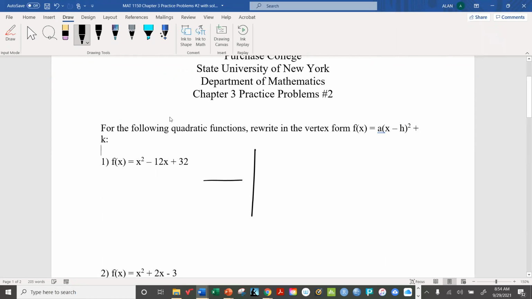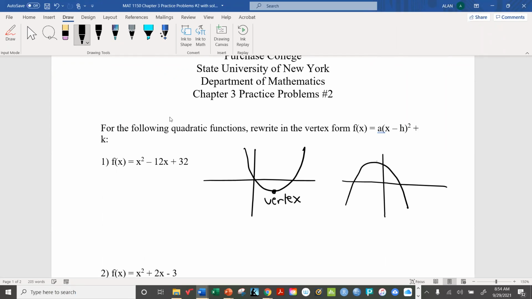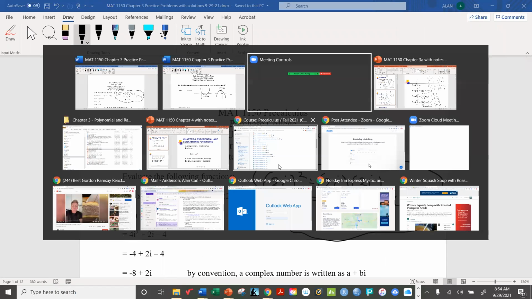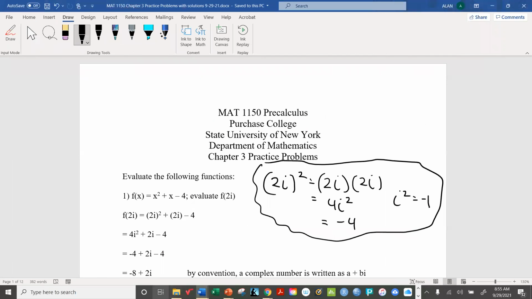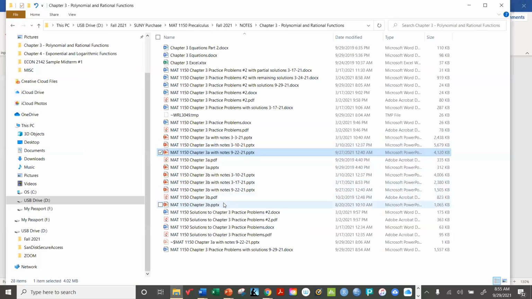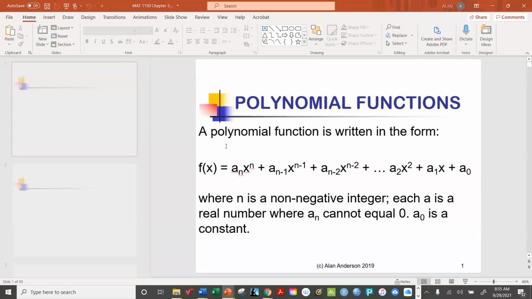For example, if this is your parabola, this would be your vertex, and if this is your parabola, this would be your vertex. Why don't I go back and grab the slides where we went over this, just as a quick refresher.